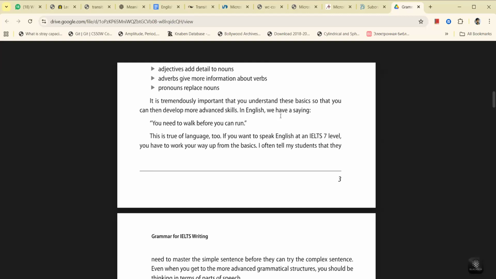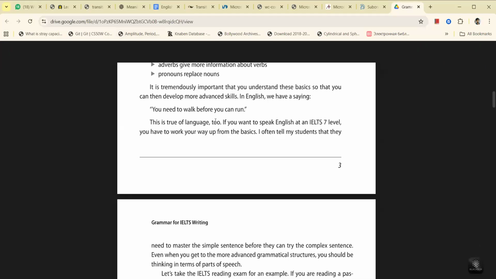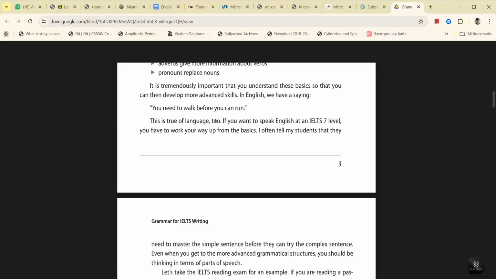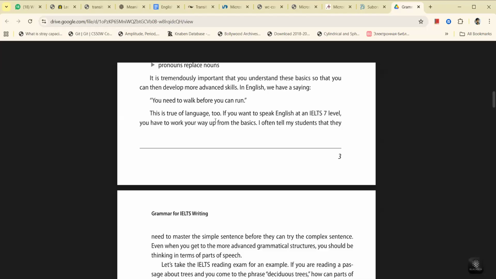In English, we have a saying: you need to walk before you can run. So here we understand why English grammar is important and how we can understand it. This is true of language too.